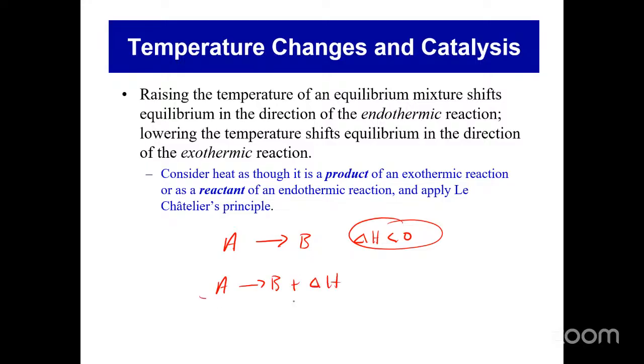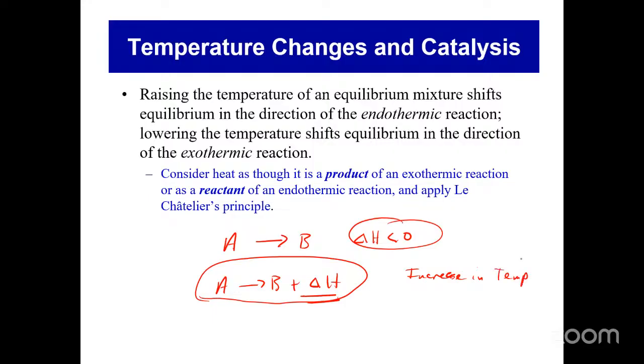In other words, you treat the heat as a product because the reaction is exothermic, right? It's producing heat, right? So let's say, and I think that's what they're saying here, let's say you're increasing the temperature. So increase in temperature, right?